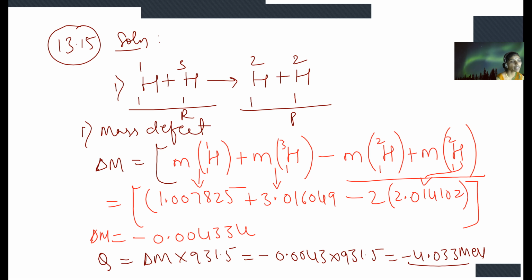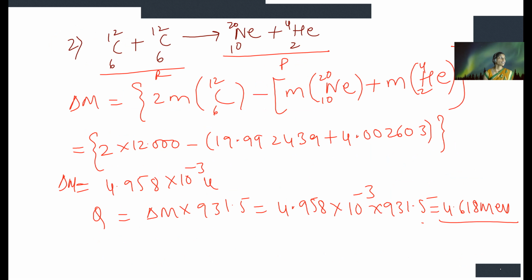Same thing for the second one. They have given carbon 12 plus carbon 12. It is going to produce neon 20 plus helium. So we calculated the mass defect. 2 carbon nuclei are there. Therefore 2 into mass of carbon minus the products, mass of neon plus mass of helium. So 2 is kept as it is. Mass of carbon is 12, minus is kept as it is.